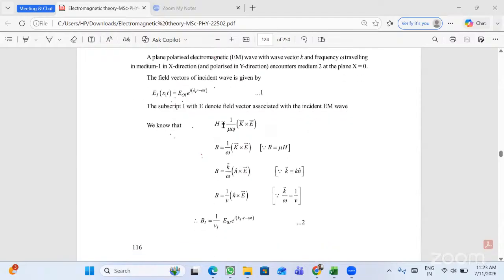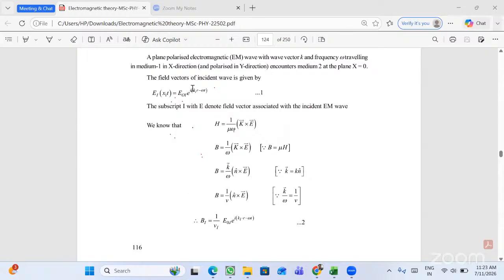And here we have converted the values of H by using this. Already we have discussed this B value and H value in the previous unit. You can go through those. We can write H as 1 by μω, K cross E, and B is equal to this. It is just mathematical equations; you can solve this, and it can easily be known.